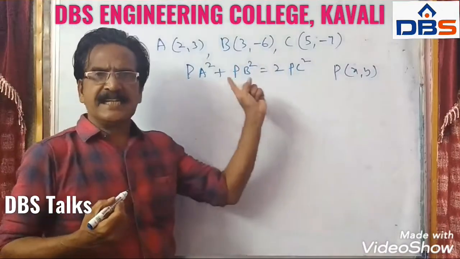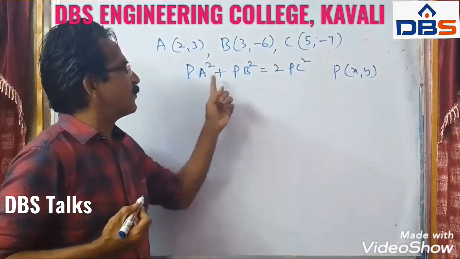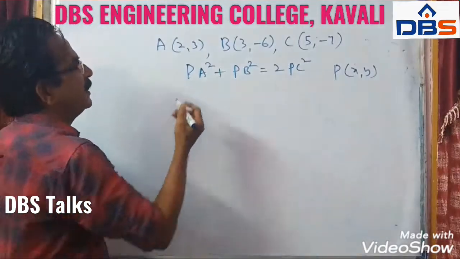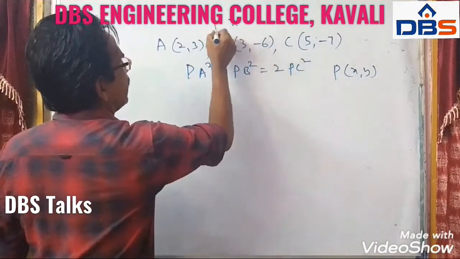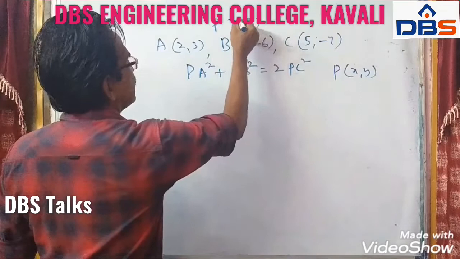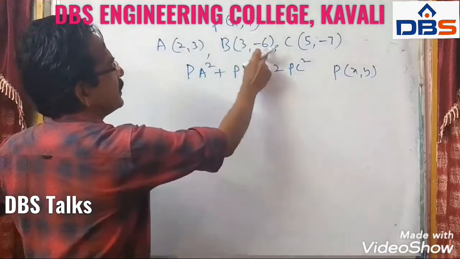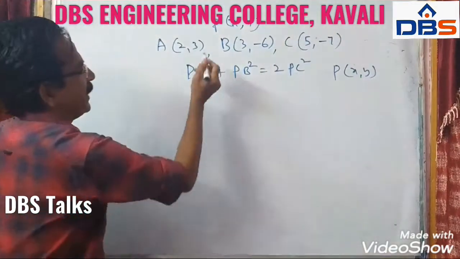What is the condition given for us? PA square plus PB square is equal to 2 into PC square.